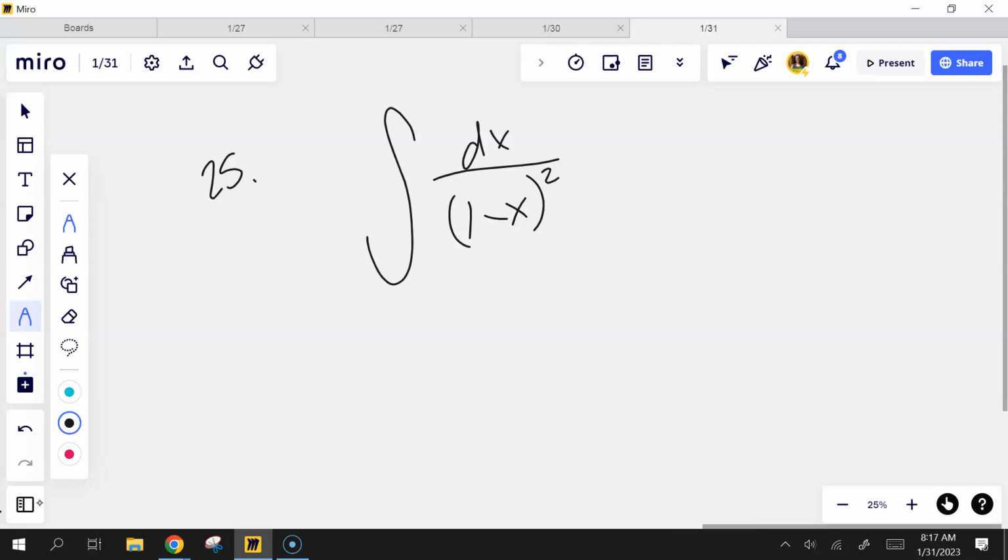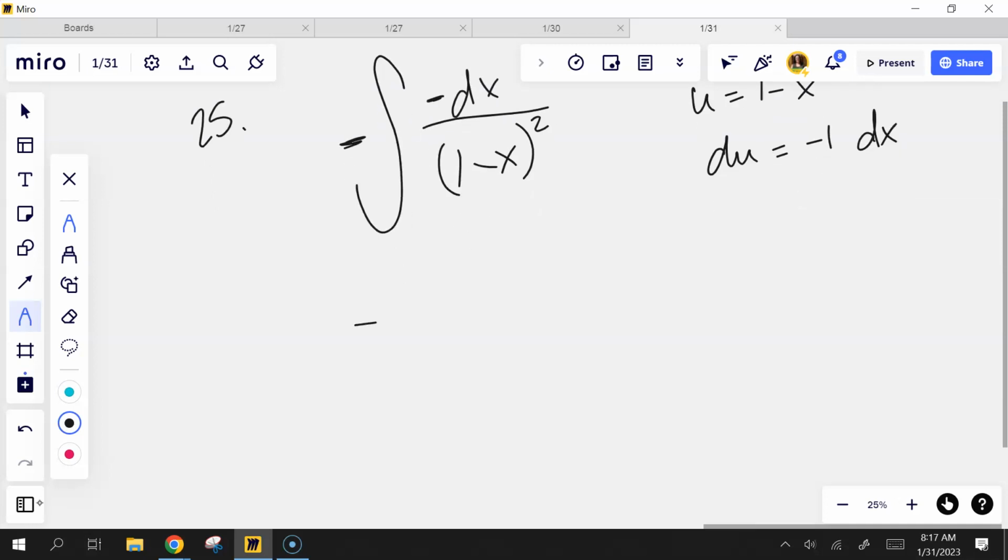What do you think? I think I would let u be 1 minus x. If u is 1 minus x, what is du? Negative dx, or negative 1 dx, right? So I need a negative here. I'll put a negative here to counter it.